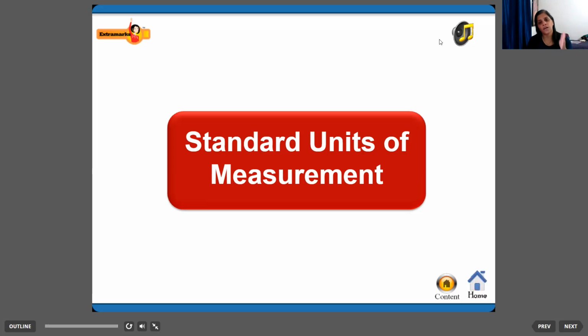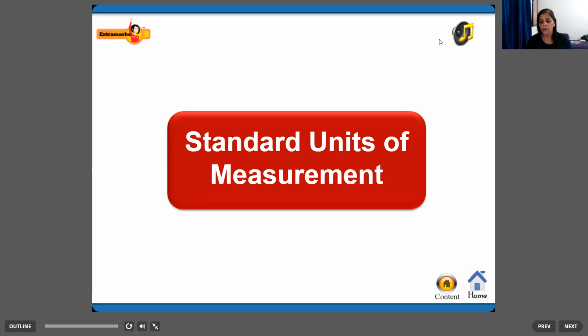So 1 meter is equal to 100 centimeters and 1 centimeter is equal to 10 millimeters. For measuring large distances, meter is not a convenient unit, so we define a larger unit of length. It is called kilometer.